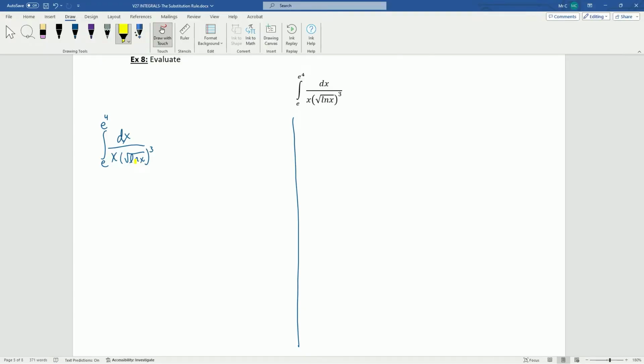But if I do that, when I try to take its derivative, I'm going to get something really messy. And what I notice is if I instead pick ln of x, the derivative for ln of x is 1 over x, which I have right here in my expression. So that makes me think that if I pick ln of x, that's going to be easier because du will be 1 over x dx.